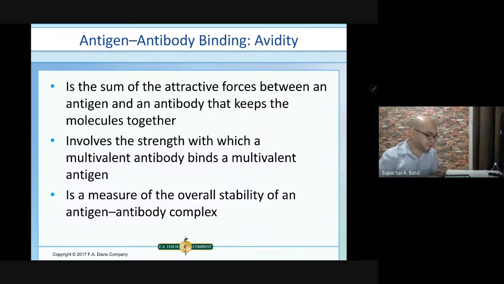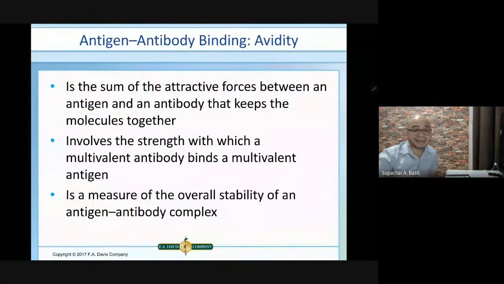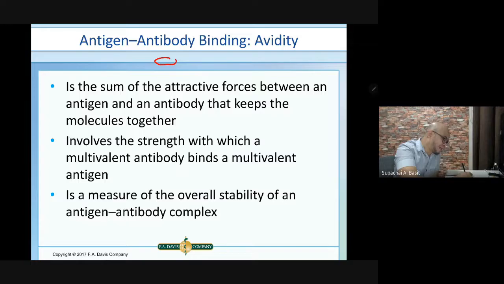Okay, so we have already defined affinity. Let us now define what we mean by avidity. Avidity is the sum of attractive forces between an antigen and an antibody that keeps the molecules together. So just to give you a scenario, if this antibody binds with the antigen, the individual antibody that binds here only refers to affinity.